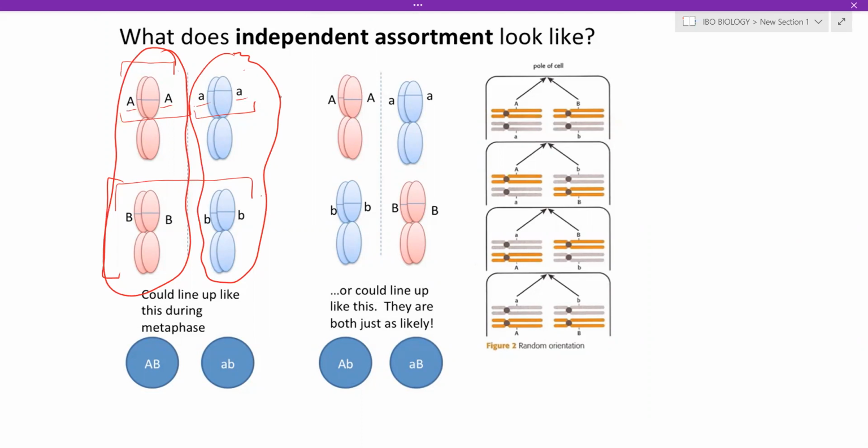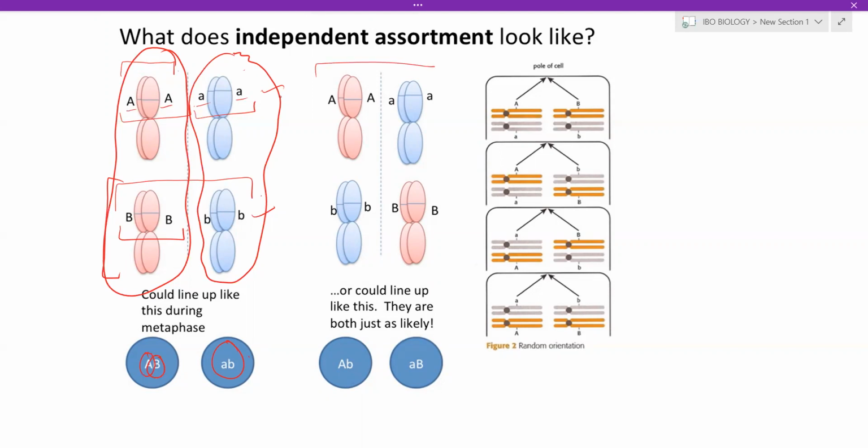That is A. You can only get A in the gamete, and out of these two Bs, you'll only get one B. So AB is one genotype of the first gamete. Then the second gamete produced from here is only going to have one small a and one small b. They could line up like this during metaphase, or they could line up like this as well.